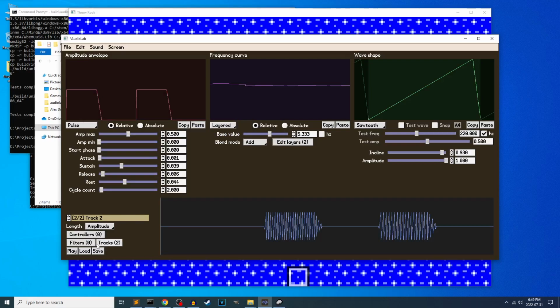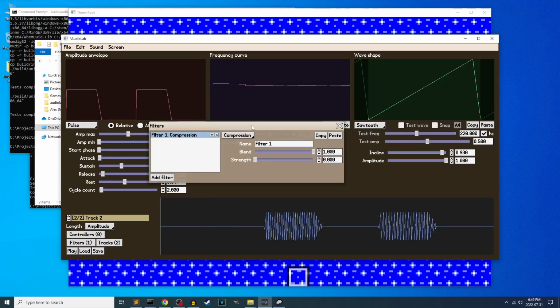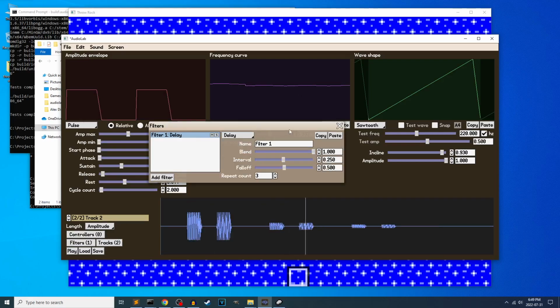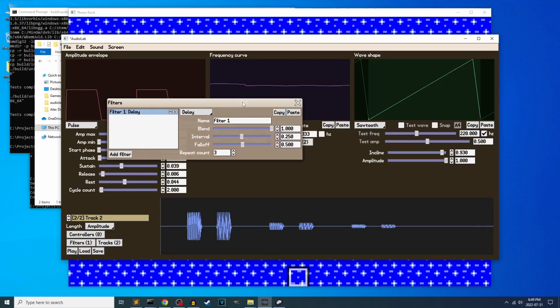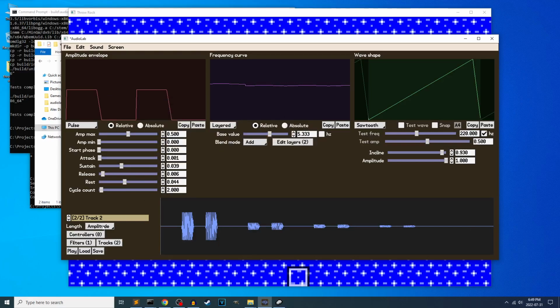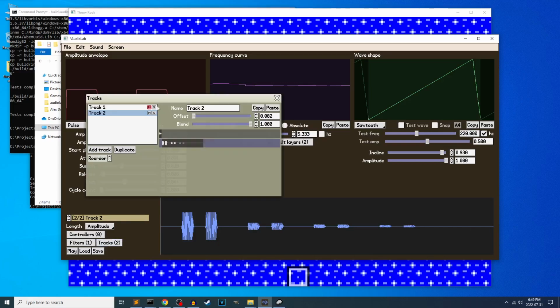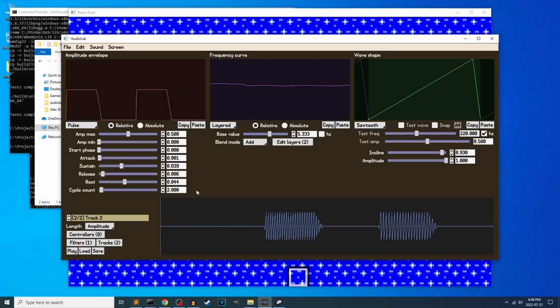If I were to add a delay filter to this, yeah, that's kind of the effect. Let's activate the other track too. I think there was also a bunch of reverb going on in An Untitled Story. But that's what I had in mind. I did it without the delay or reverb or anything.